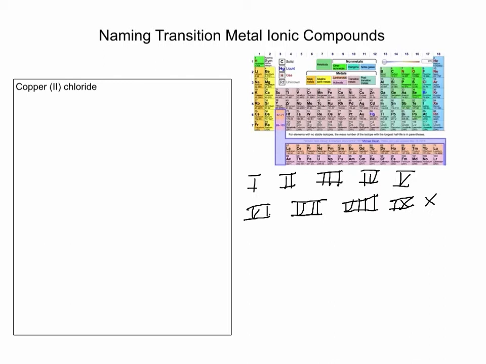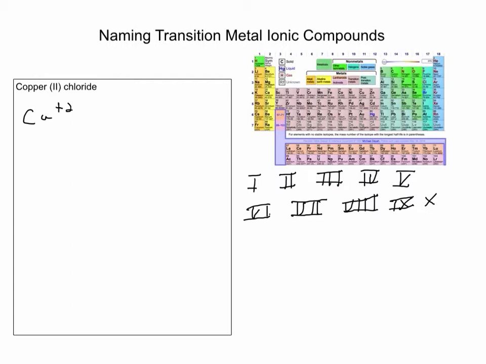So the first one's copper 2 chloride. How do we figure out its formula? Like we did with the group 1 and 2 ionic compounds, we're going to write the symbols of the ions. So the copper ion is going to be Cu, and the charge, they tell you, the Roman numeral is the charge. So the charge on this will be +2.